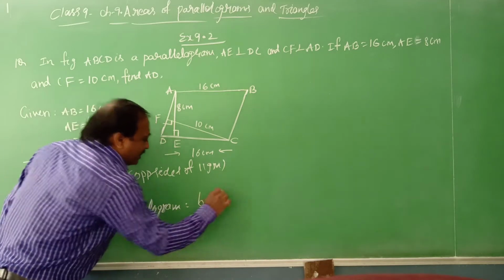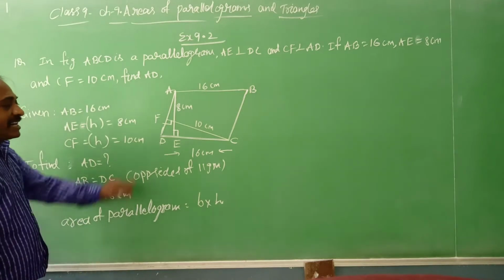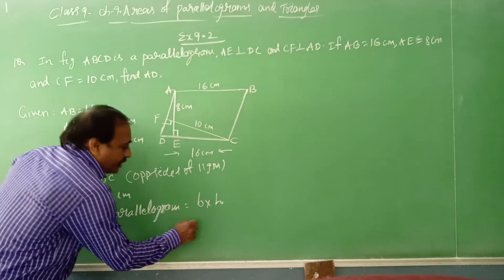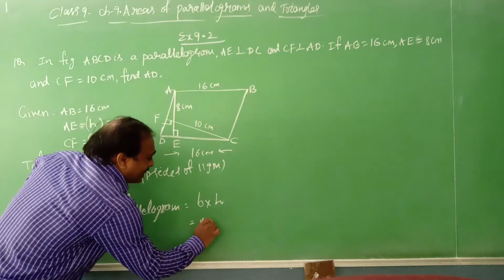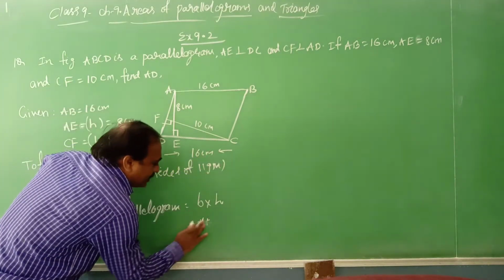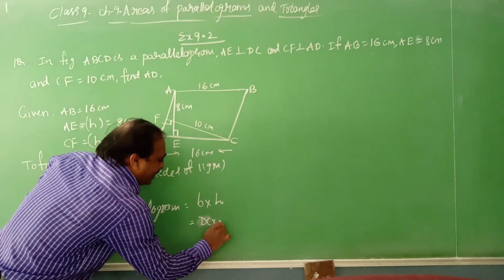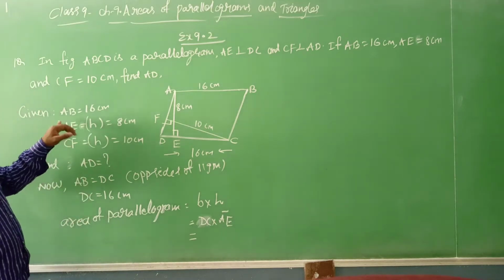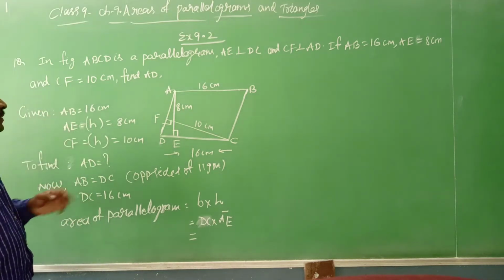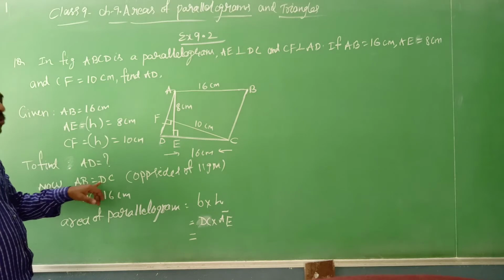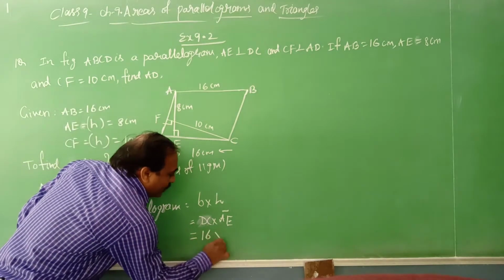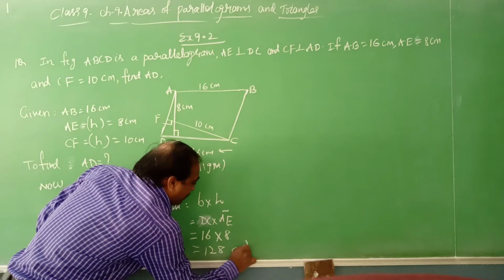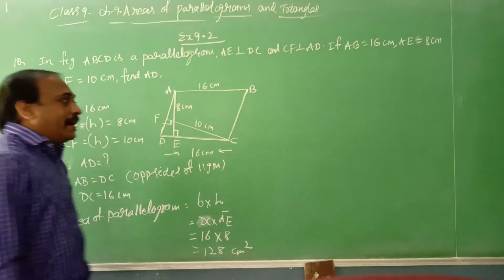Base into height. We are considering the base DC and the altitude is AE. DC is given as 16, so 16 into 8 is equal to 128 centimeter square. This is the area of the parallelogram.